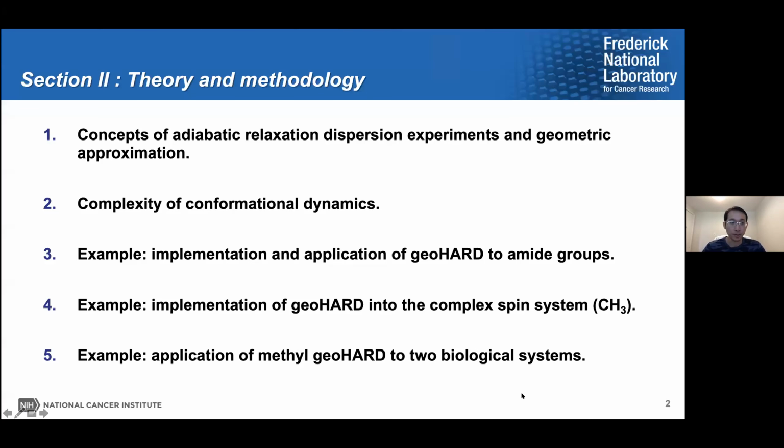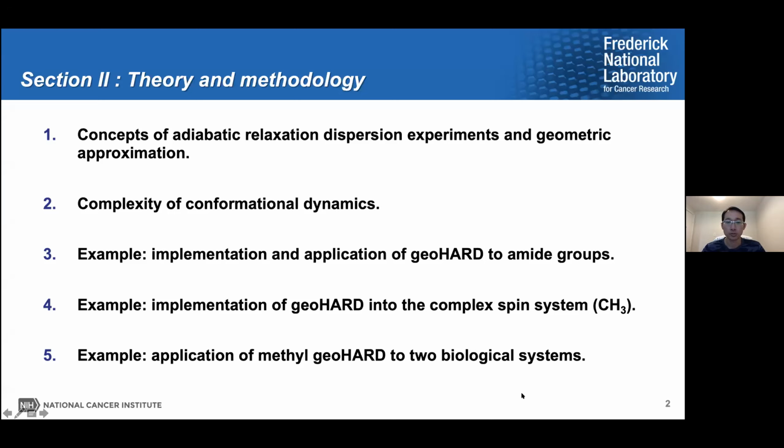And as Andy mentioned, today I'm going to focus on the theory and methodology of adiabatic relaxation dispersion experiment, as well as a new type of data analysis tool called geometric approximation. And then I will mention the complexity of conformational dynamics we might face in our research.